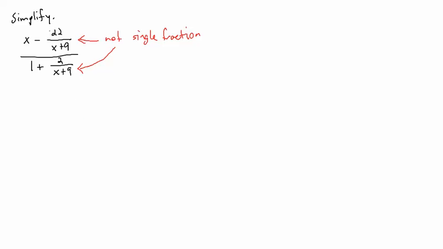So the first thing we're going to do is turn those into individual fractions. So we're going to do that off to the side here. So the first thing I want to do is take my numerator, this entire numerator of the large complex fraction, and work on it. So x minus 22 over x plus 9.